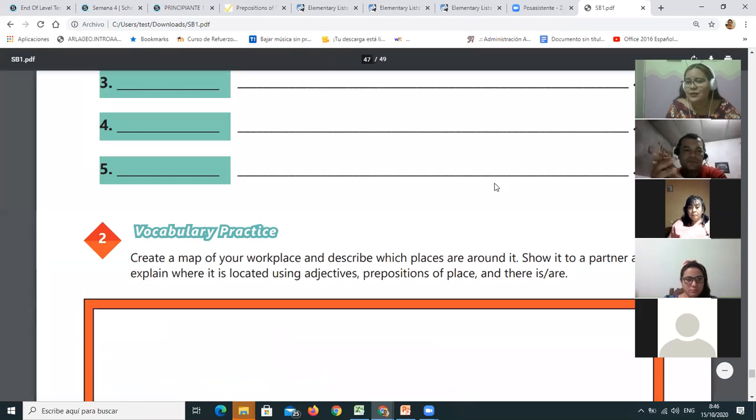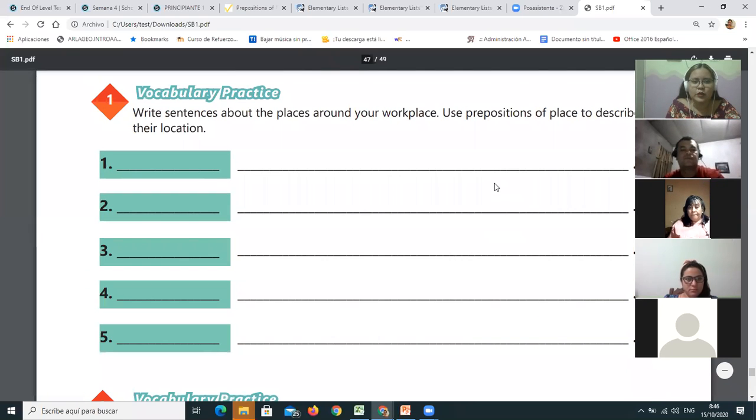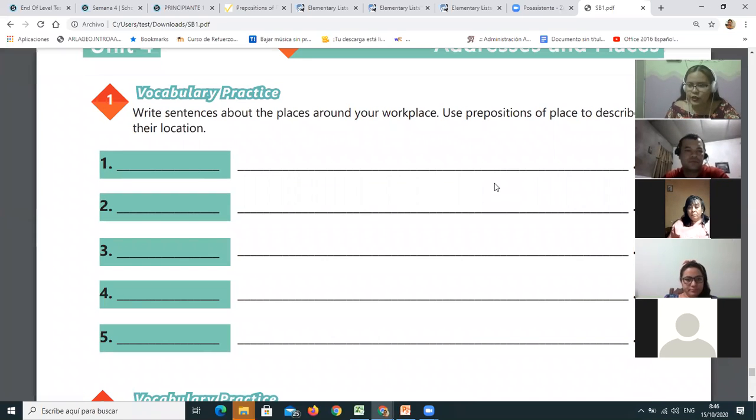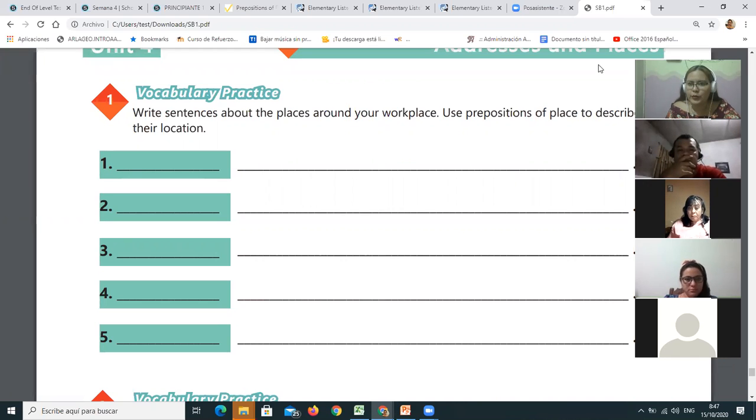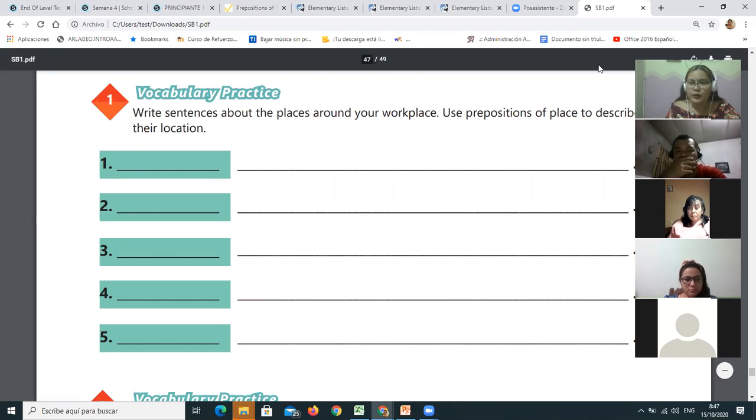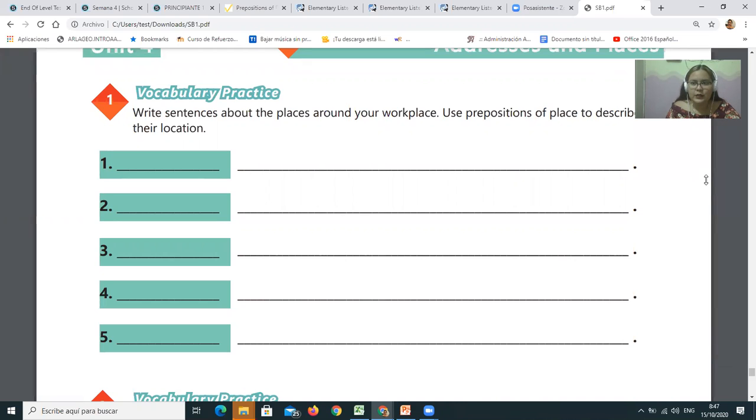This is the last review of unit number 4. Instruction number 1, vocabulary practice. Write sentences about places around your workplace. Use prepositions of place to describe their location.